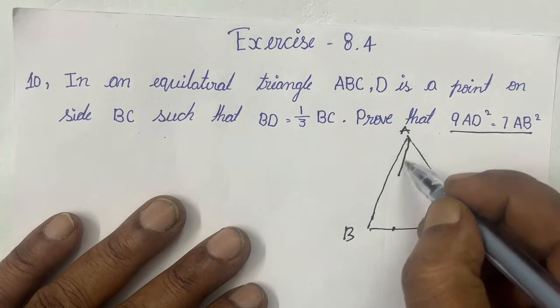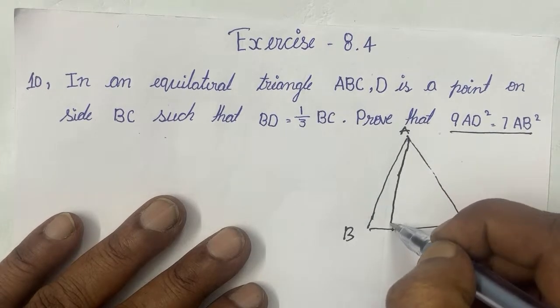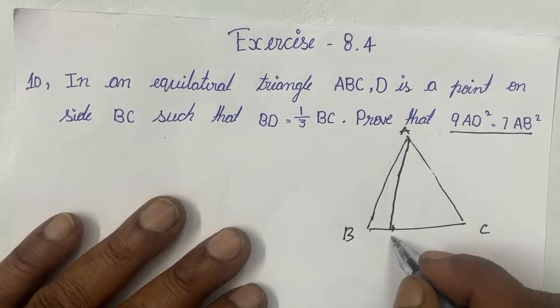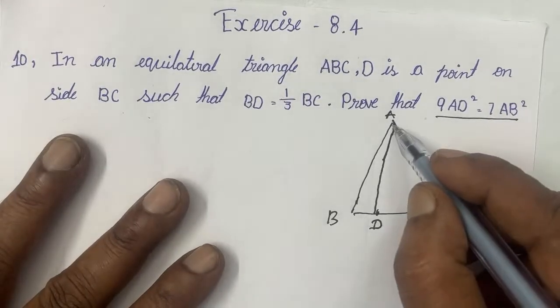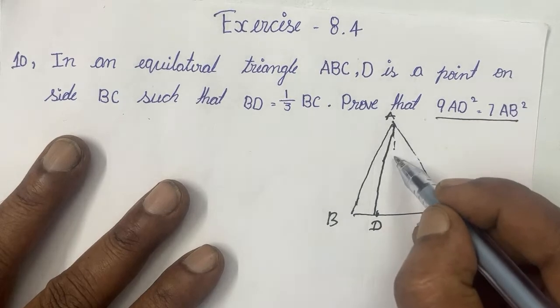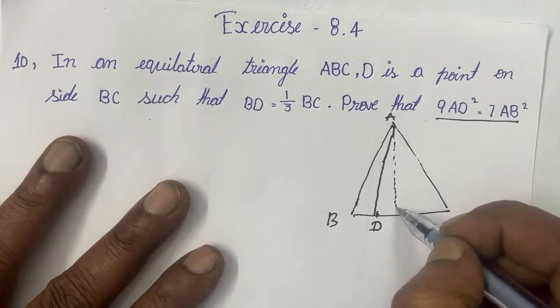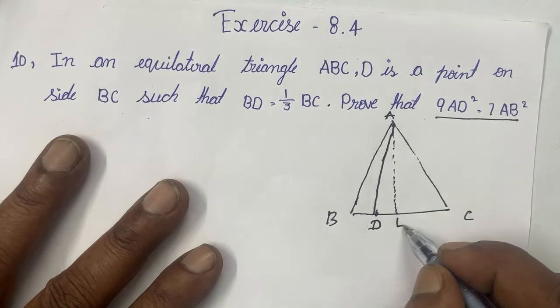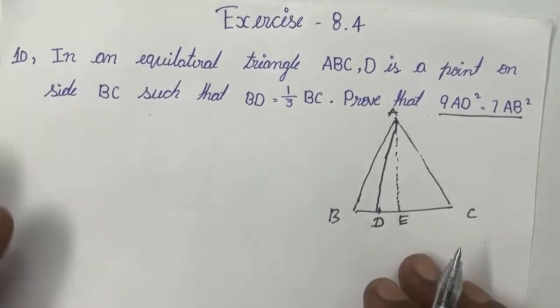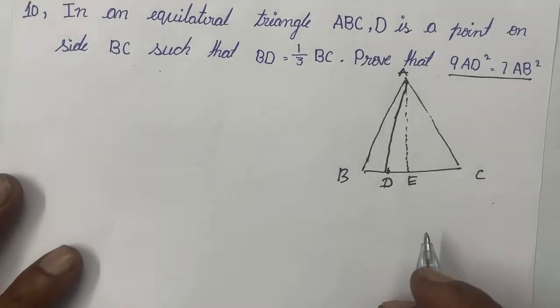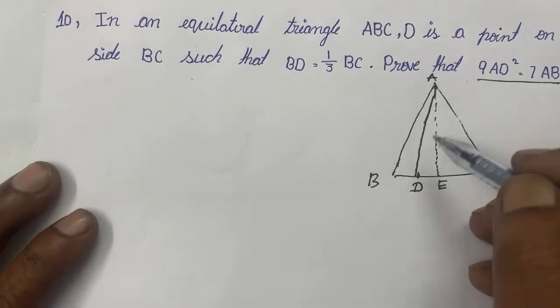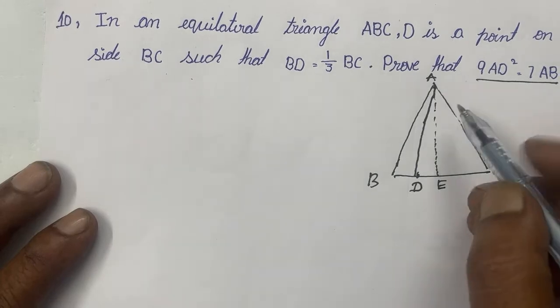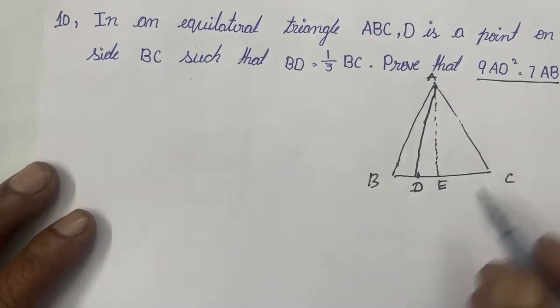It is a point on BC. But now I am drawing an imaginary midpoint, E. So now you can see in this picture, what is asked to prove is that 9 AD square is equal to 7 AB square.